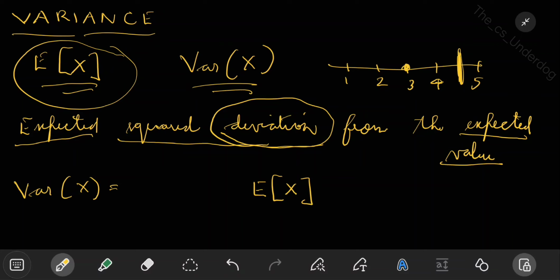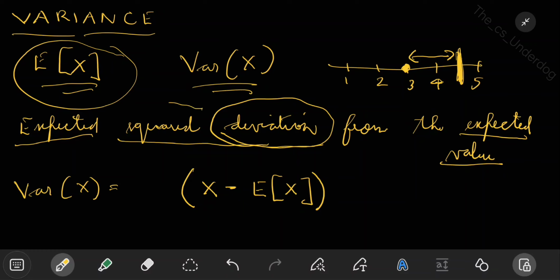What is the deviation from the expected value? That is this distance. This is the deviation of the particular point 3 from expected value 4.63, right? So that would come out to be x minus E of x. This is the deviation that you have from the expected value.